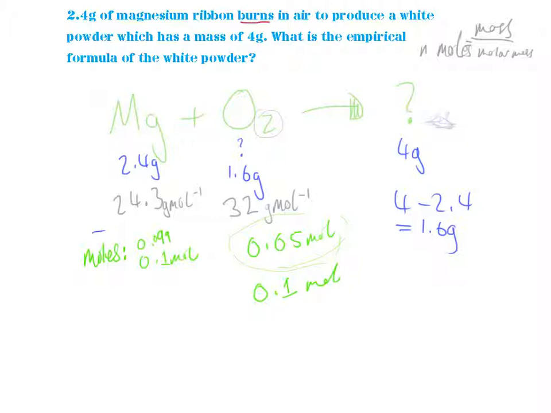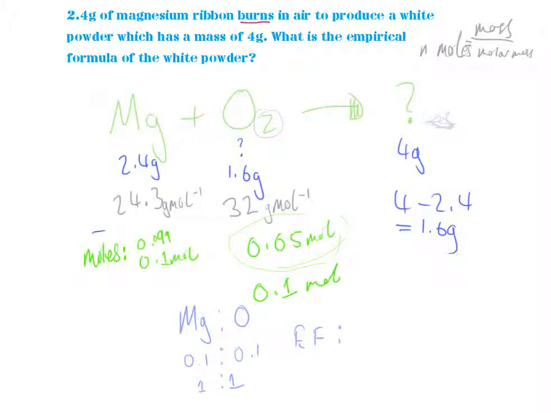And what we find is that there's an equal number of moles for both of these. So this is going to be Mg to O, and the ratio is 0.1 to 0.1. I'm going to divide both sides of the ratio by 0.1, basically multiplying by 10, and that's going to give me 1. So therefore the ratio is 1 to 1.